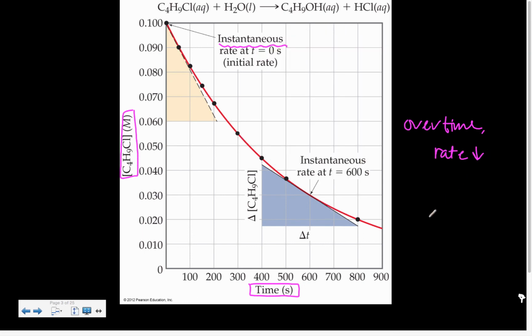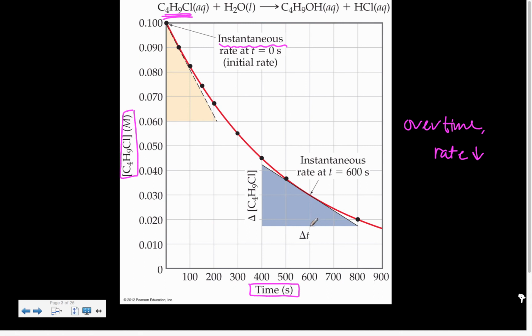And if we think back to our original ideas, in order for a reaction to occur, we have to have collisions. As the concentration goes down, as we have less and less of that in solution, there's going to be less of it to run into something else, meaning as we have decreased numbers of collisions, we also get a decreased amount of reaction producing the product, therefore a decreased rate.